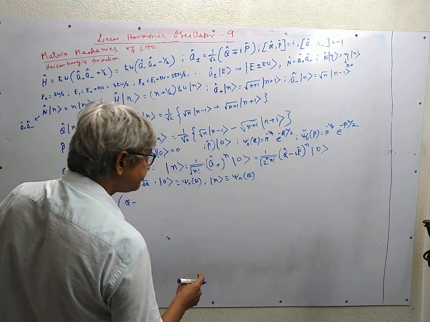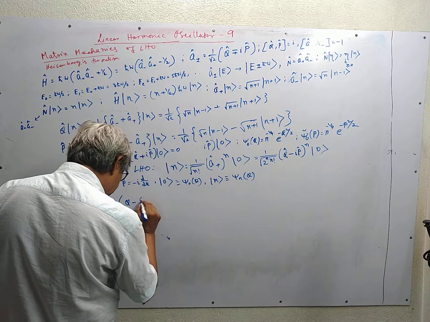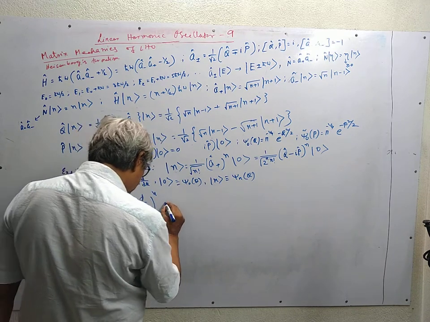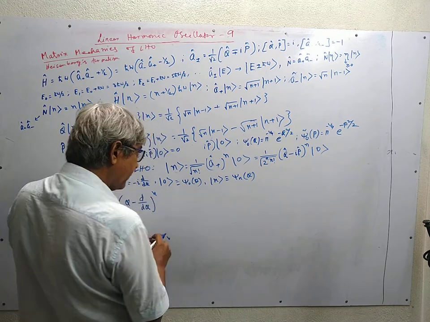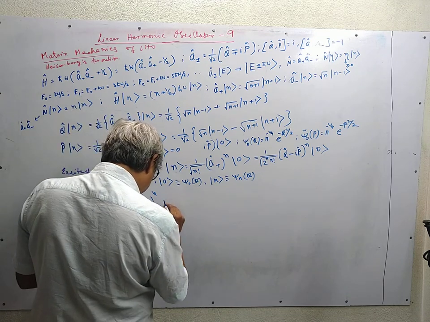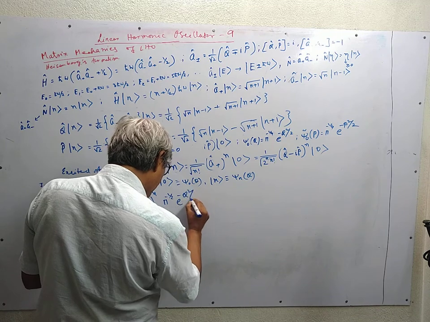q minus, this is plus and minus, so this is q minus d/dq operating n times on e to the power minus q square by 2, the ground state wave function, which is pi to the power minus 1/4 e to the power minus q square by 2.